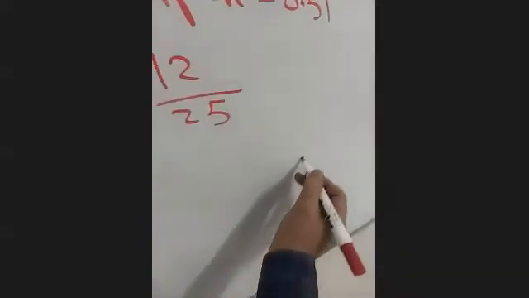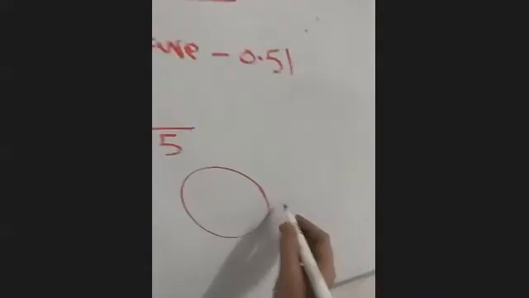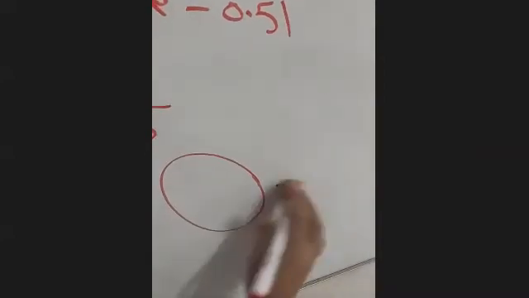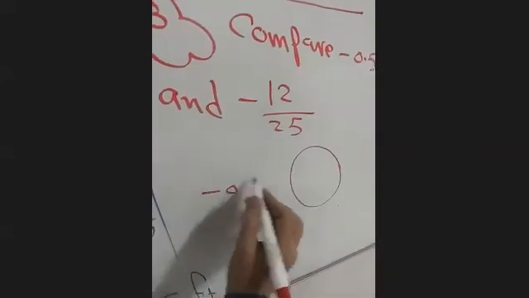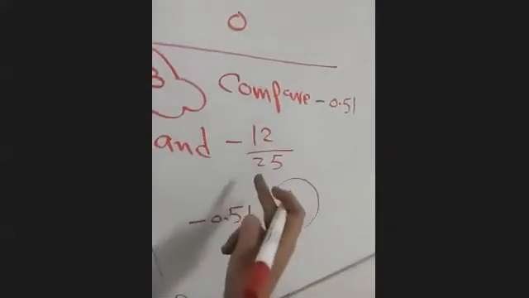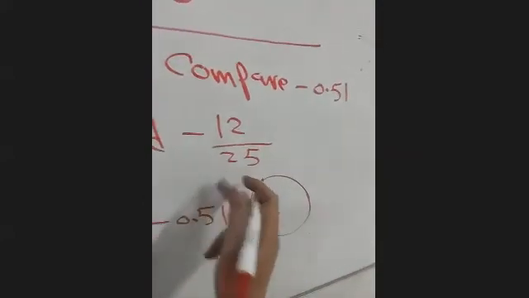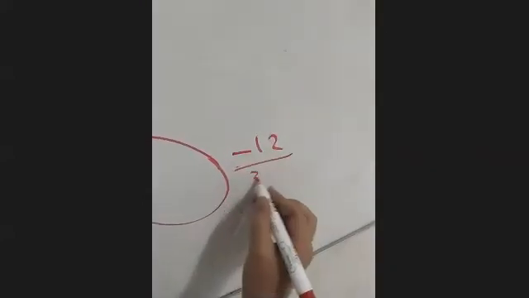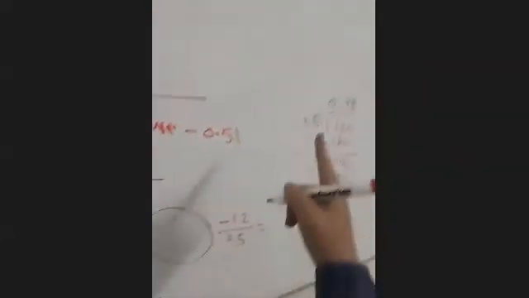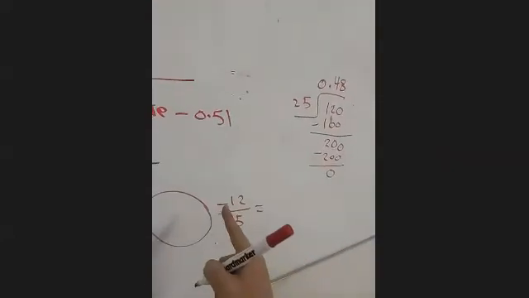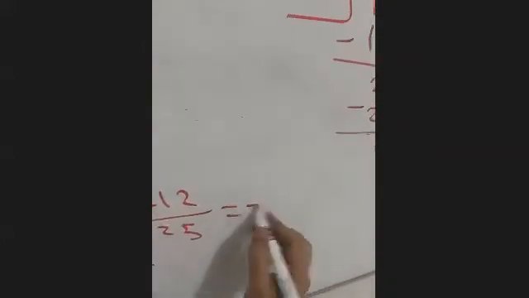Now let's make my comparison. Here we have negative 0.51, the first one. And here this one, negative 12/25, I turn it to decimal, which is negative. Don't forget the negative sign.